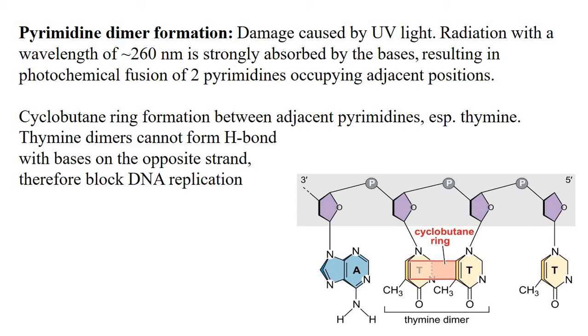Now, this thymine dimer, once they have made this cyclobutane ring, cannot form hydrogen bonds with the bases on the opposite side. So the bases on the opposite side are just hanging there, loose, and it will block the DNA replication.